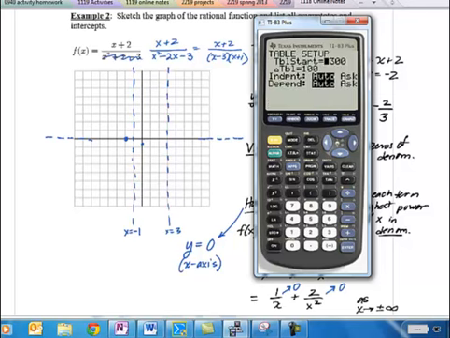Doesn't seem to be working, right? No, I don't want auto, I want ask. Okay, negative 1.1.